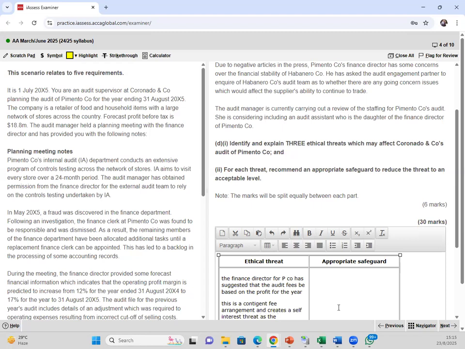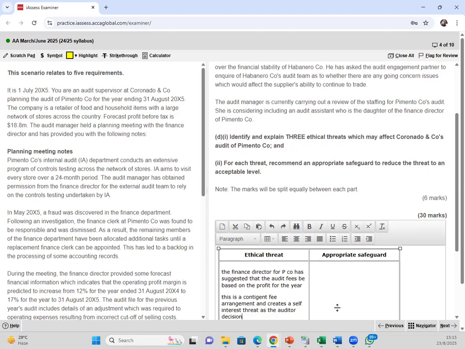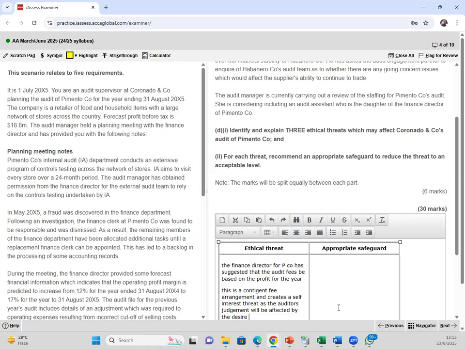As the auditor's decisions could be affected by the desire to increase, we can say the auditor's judgment will be affected by the desire for more profit and reward.